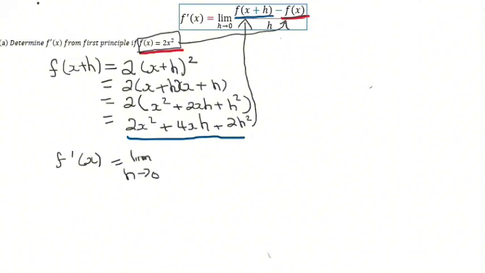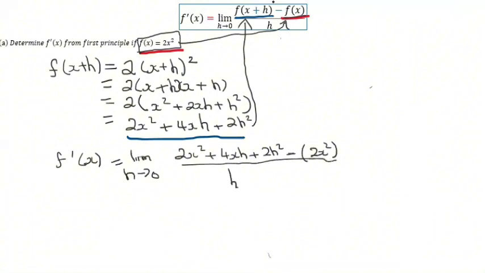Where there's f(x plus h), we're going to put this one: 2x squared plus 4xh plus 2h squared. And then where there is f at x, we're going to put the original f at x, which is 2x squared. So let me just say minus. This minus comes from the equation, open bracket, and then this is just 2x squared, close bracket. And then this is all over h.